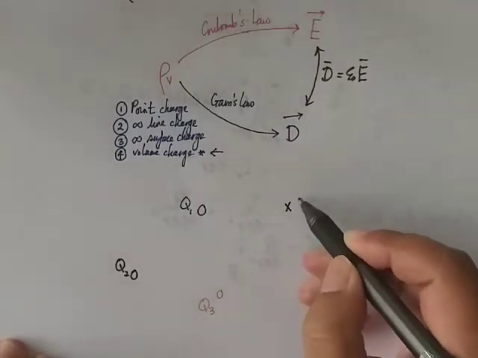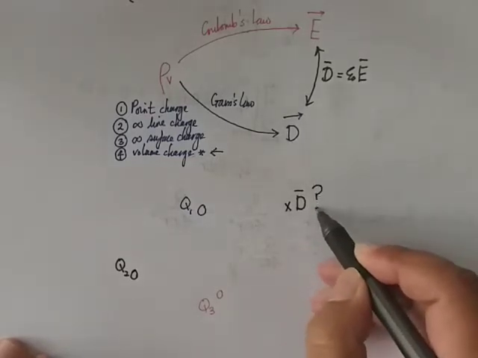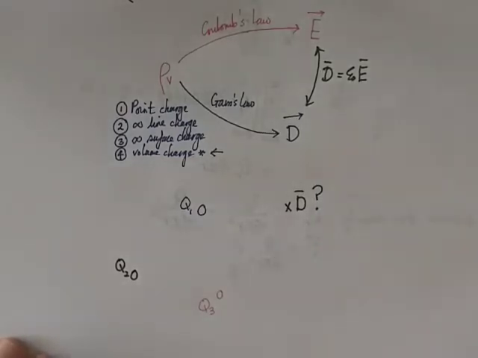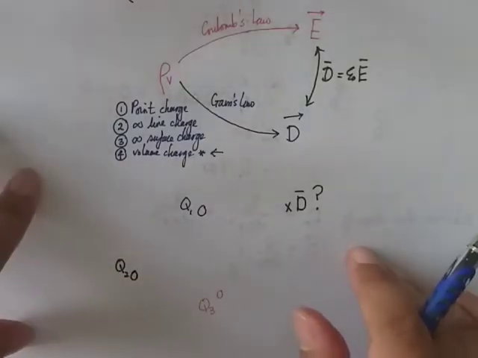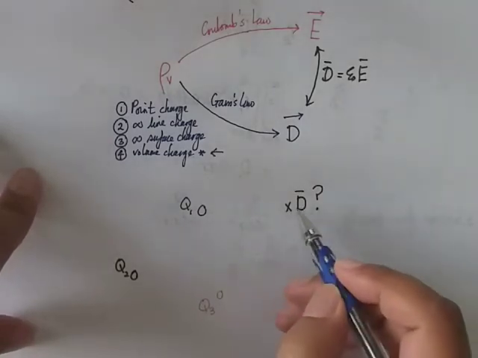What should be the D here? Using what method? Gauss's law. So when I want to use Gauss's law, this is a must: I must choose my imaginary area, and this imaginary area acts as a sensor. So this area must pass through this point of interest.